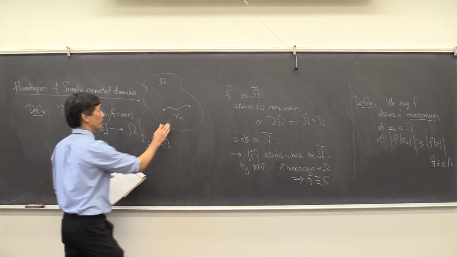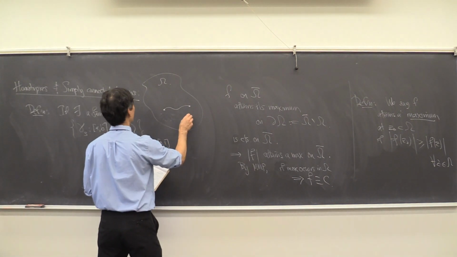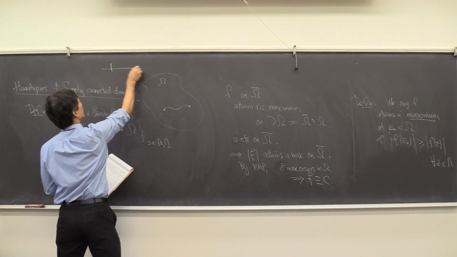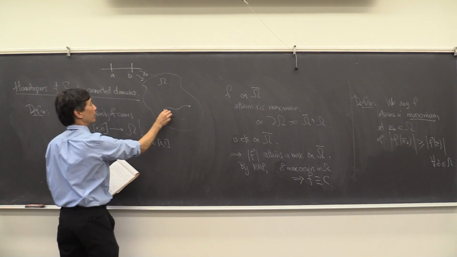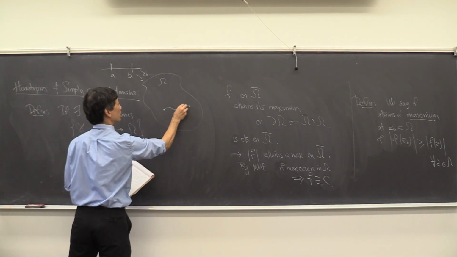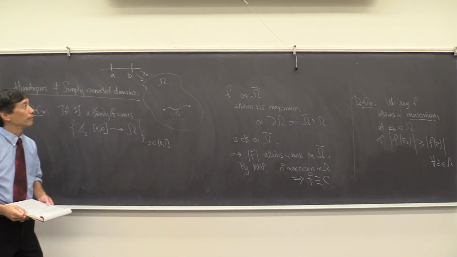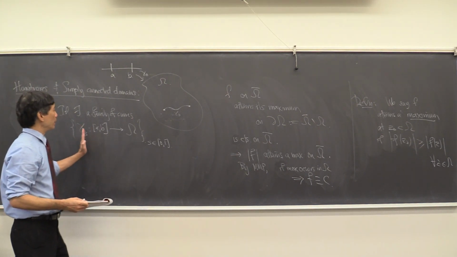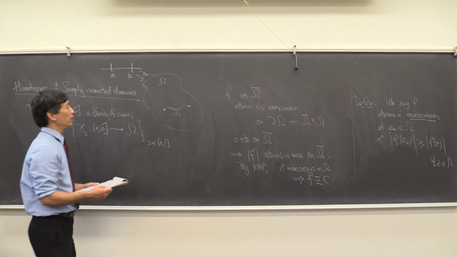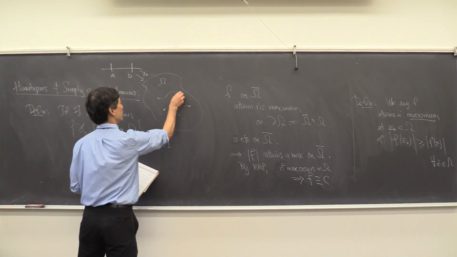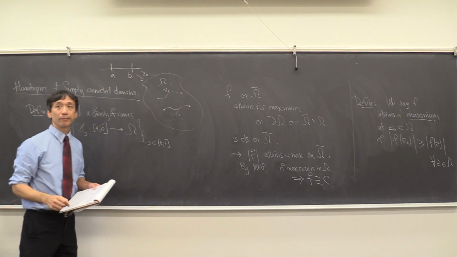You have some interval [a, b]. You have a map gamma 0 that creates this curve, which we're also going to call gamma 0. Okay, and you've got curves gamma s, where s goes from 0 to 1, and then it ends at gamma 1.